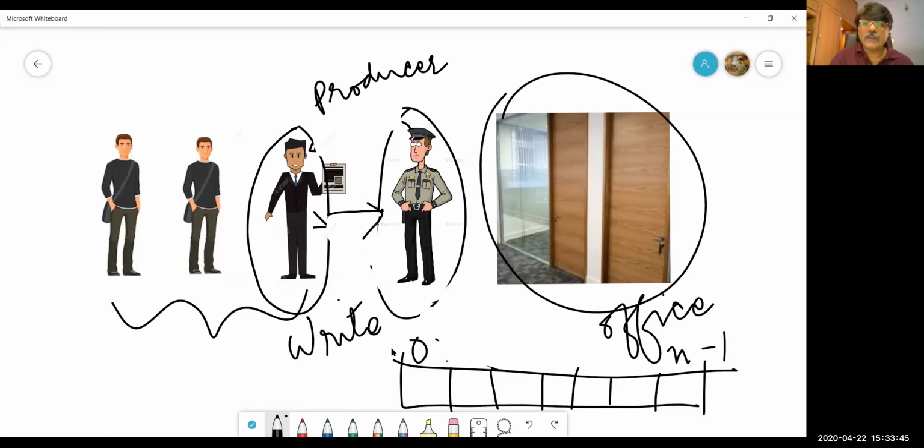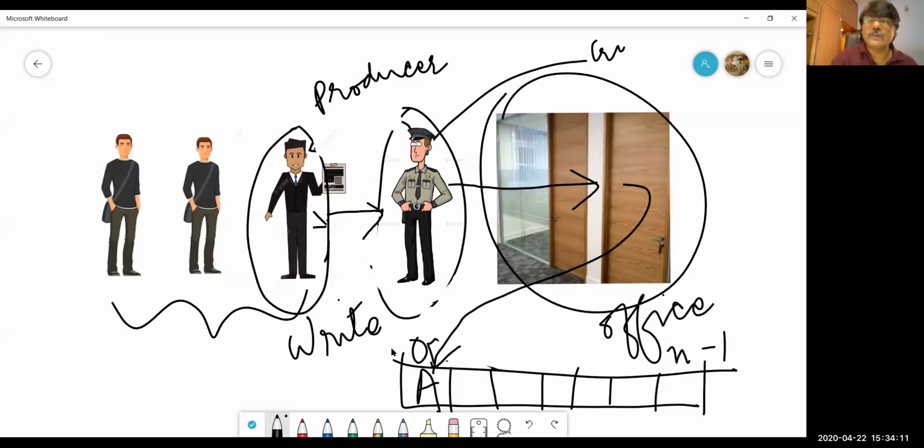And the security guard will go to the office and put the information in the buffer. So the information is not directly inserted by the producer in the buffer. The producer is unable to insert the information in the buffer. Rather, the producer gives the information to the security guard, and the security guard in turn puts the information in the buffer. So this security guard is a trusted person.